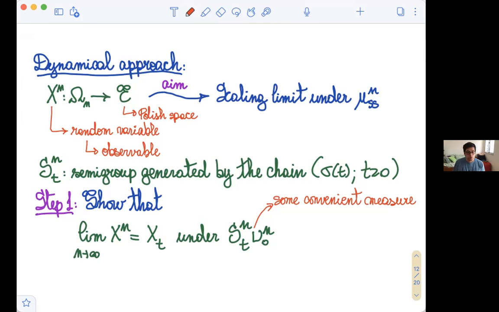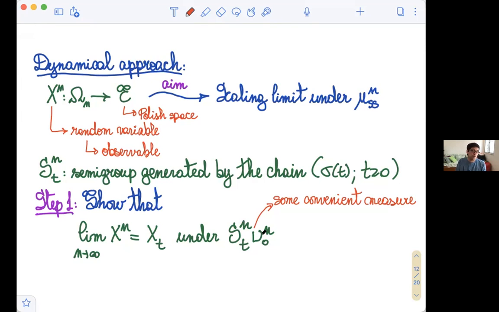Okay, so notice that I didn't put a t here. That's what people usually do. To put a t there is just the same as saying that the limit is taken under these particular measures.